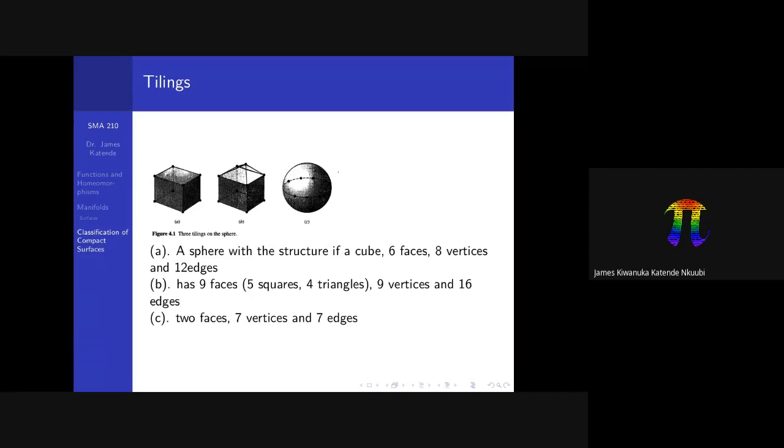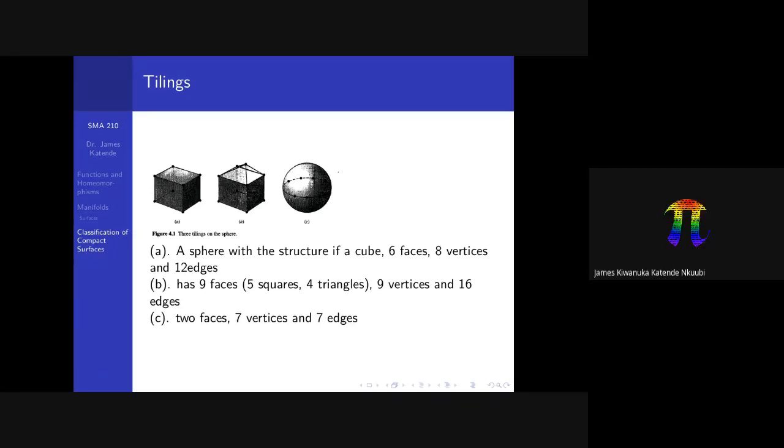You want part B. What is the answer? 2. Still 2. Okay. What about part C? 2.